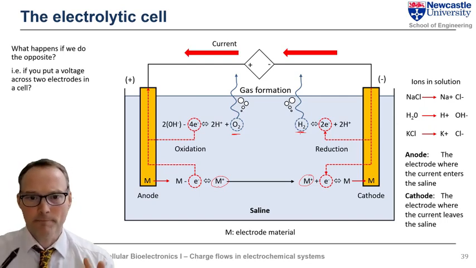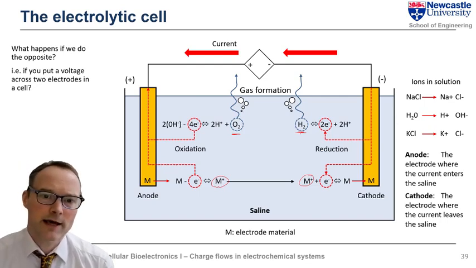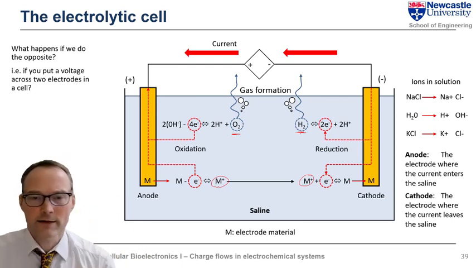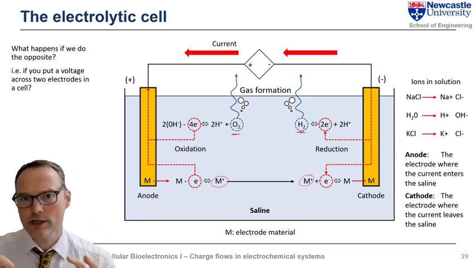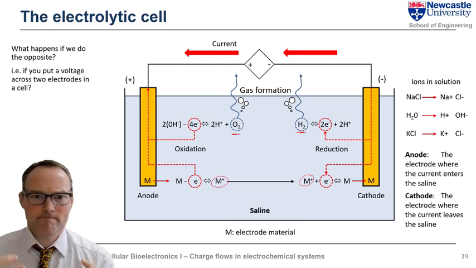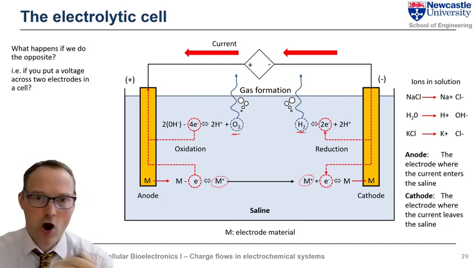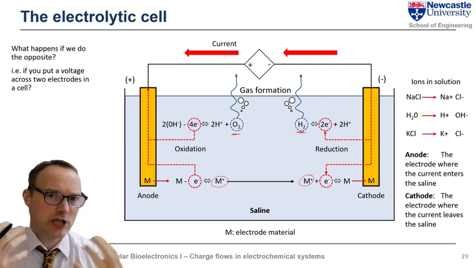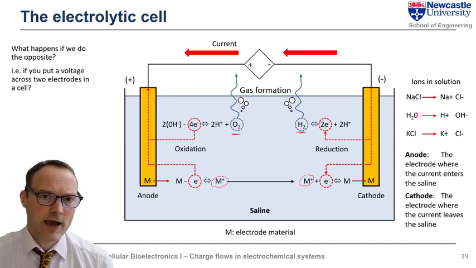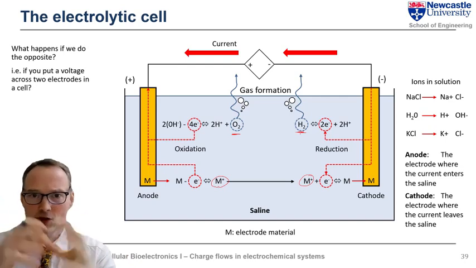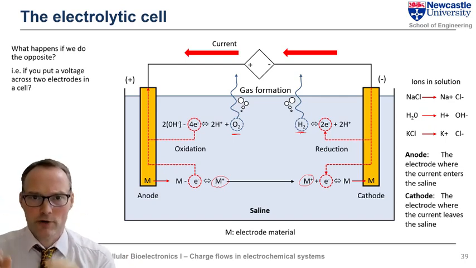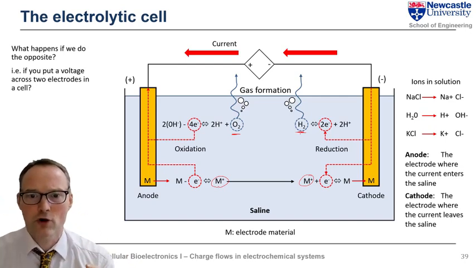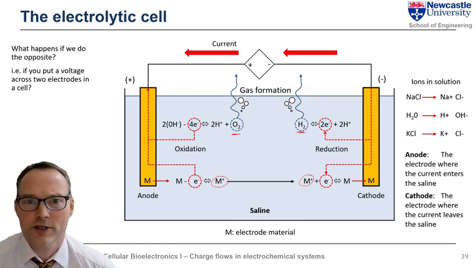So the concept here is that you can put metals into separate solutions and you can create batteries, and through movements of charges through the solution, you can generate voltages and you can generate currents, and vice versa. If you take a battery or some kind of voltage source and you force current through electrodes, you can force the movement of charge through a solution.